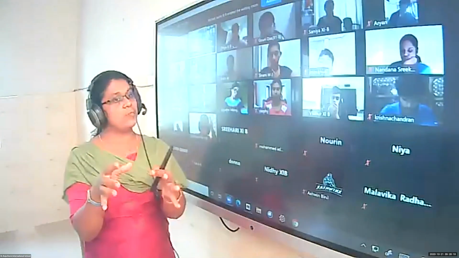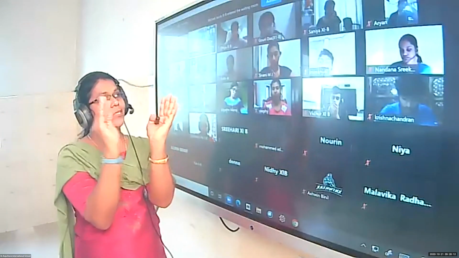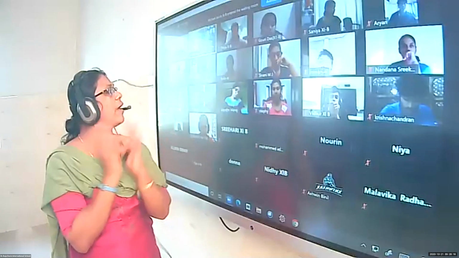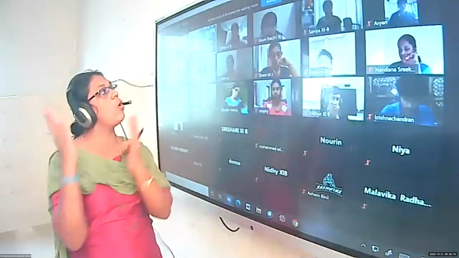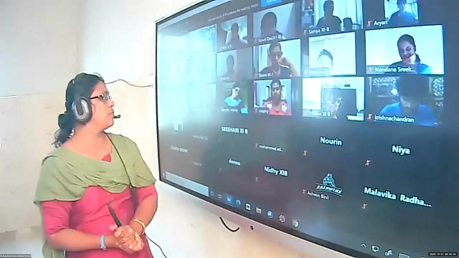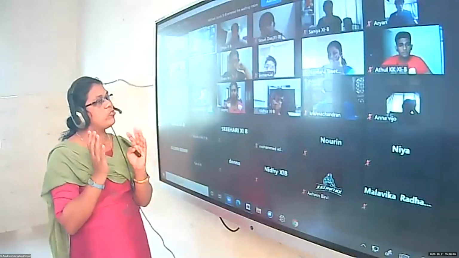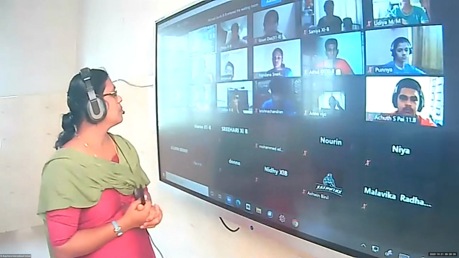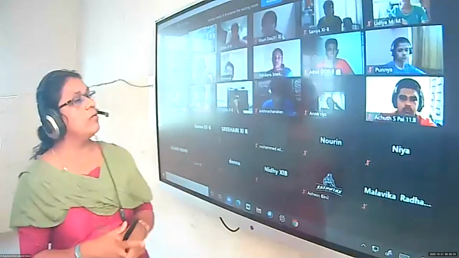Now in this picture, P is the smaller size, Q is the bigger size. So the resultant vector will be in which direction? Is it P's direction or Q's direction? Q. P minus Q, so think 5 minus 10. What is your answer? Minus 5.